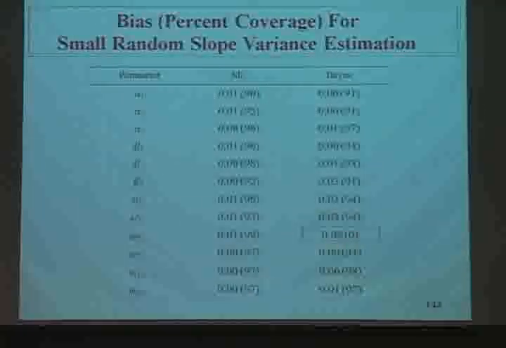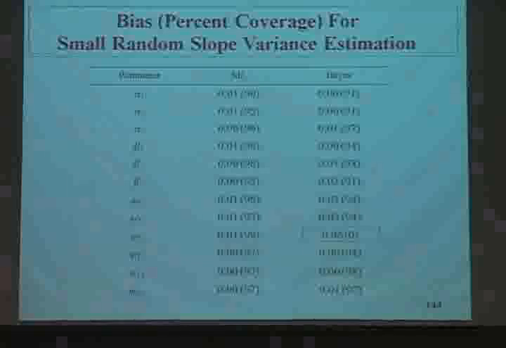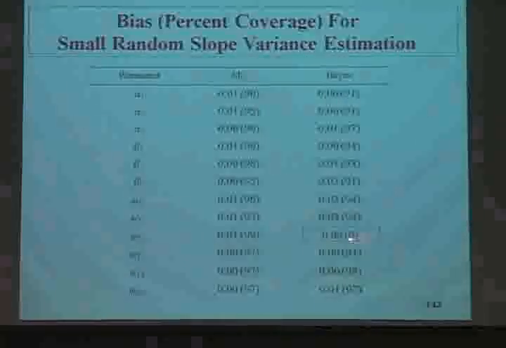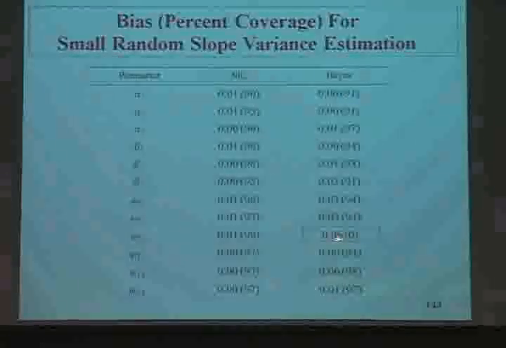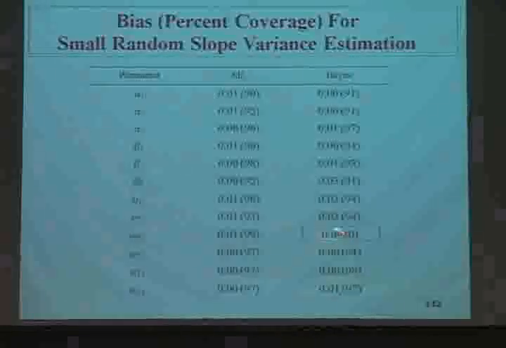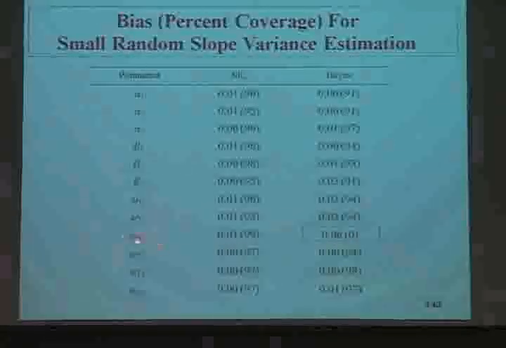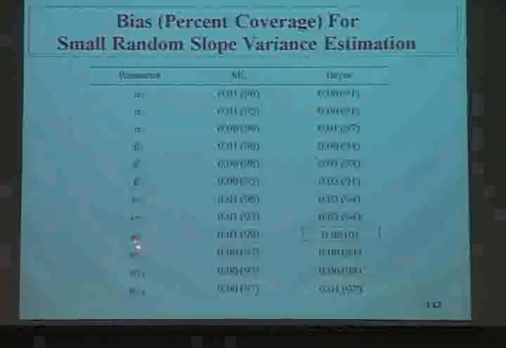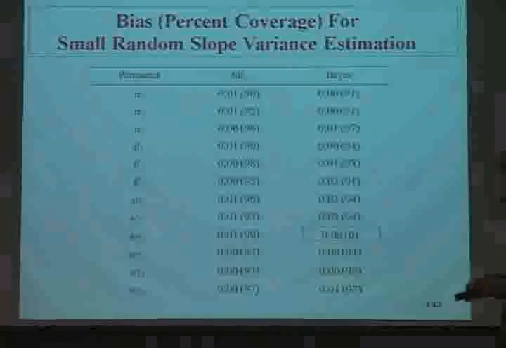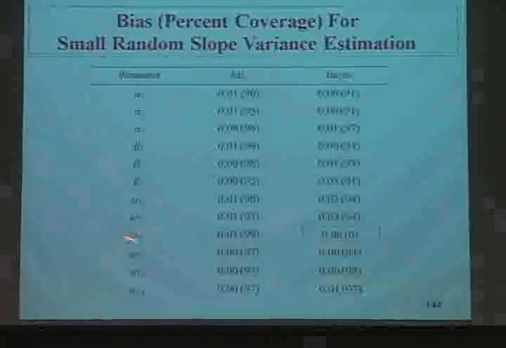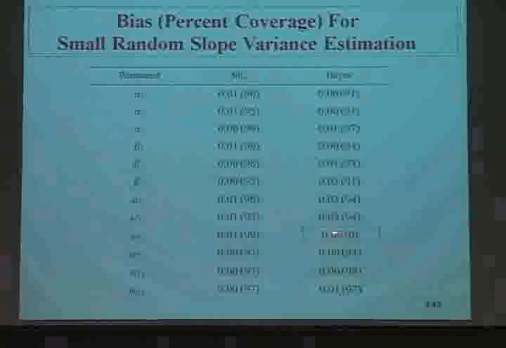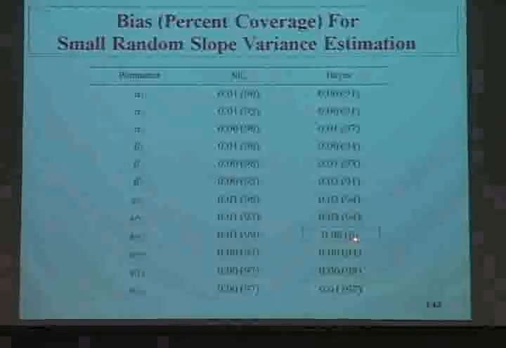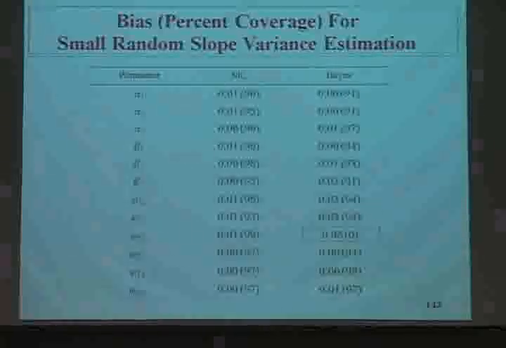What I want to point out when you run with Bayes is, first of all, you get a fairly large bias. The true value here is actually 0. We generated data with the variance of the random effect being 0. Basically we get an average estimate of 0.06 and coverage of 0. Now, coverage of 0 is something you need to understand about Bayes: how do we obtain coverage with Bayes?